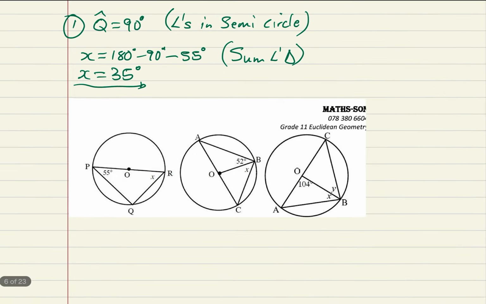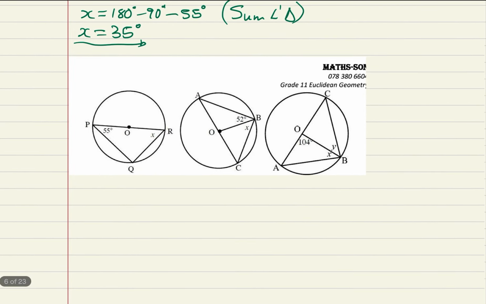Now let's go and check number two. Here I will again say angle ABC is equal to 90 degrees. These are angles in a semicircle.